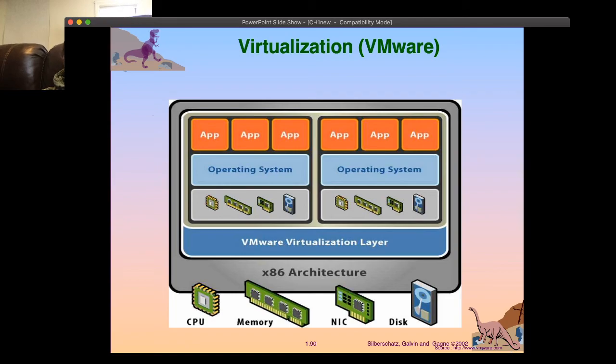When we have time, we're going to go into more detail on virtualization. One of the most well-known virtualization companies is VMware. VirtualBox, which you use, is the open source or free version. Then you have VMware, Xen, and other virtualization tools.